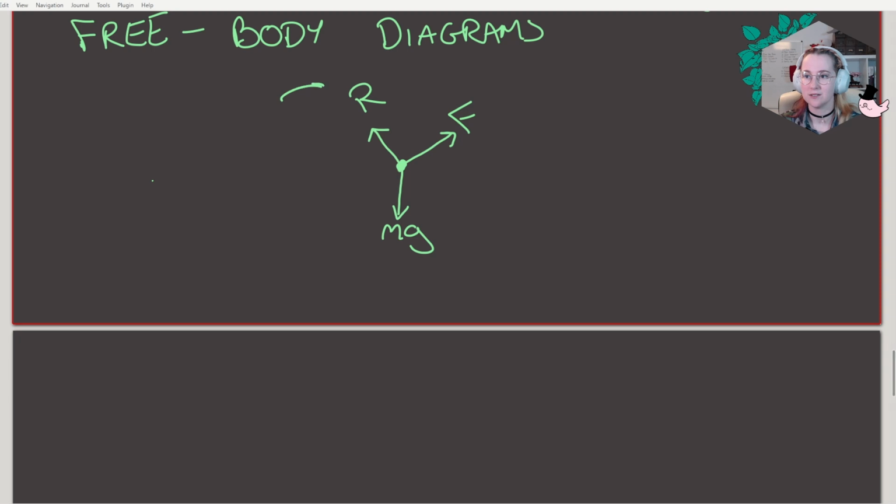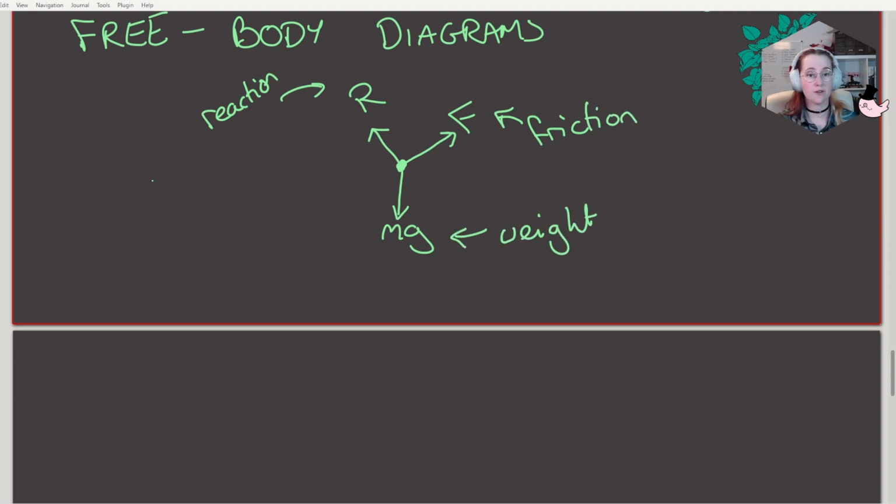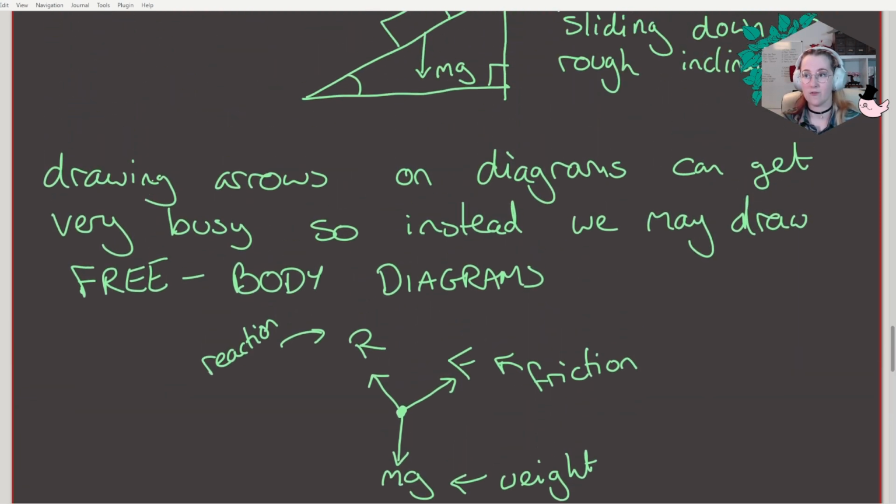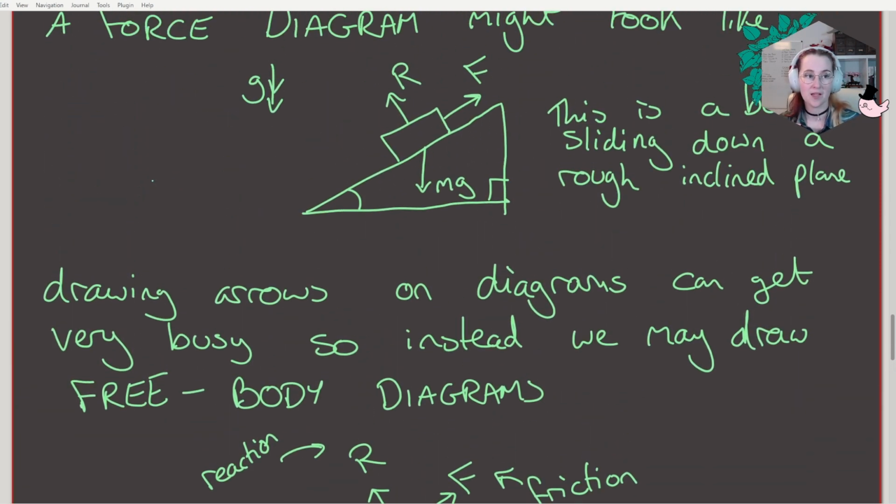So we have our reaction force, our friction force, and our weight, and they come from this diagram up there. If I'm pushing a box up a rough hill, there is going to be a friction force acting against me, and there's going to be a reaction force, and there's going to be gravity.